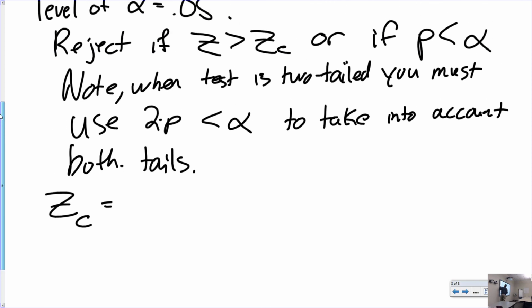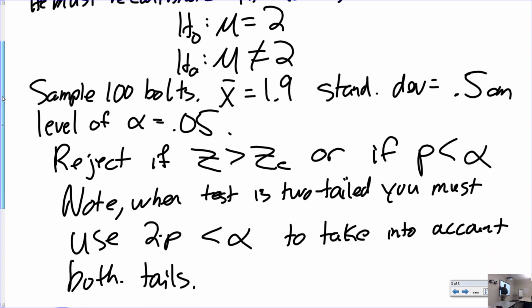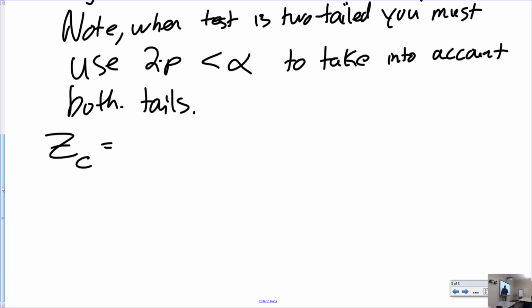Our level of significance is 0.05, and this is a two-tailed test. So you can just read it straight off the table. 1.96.